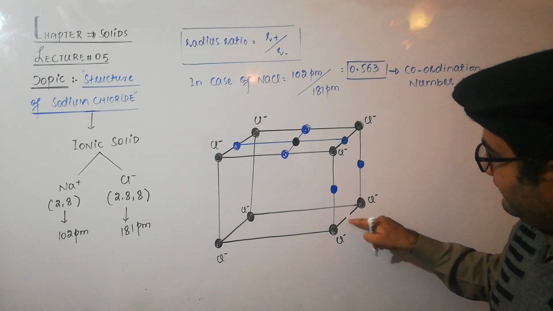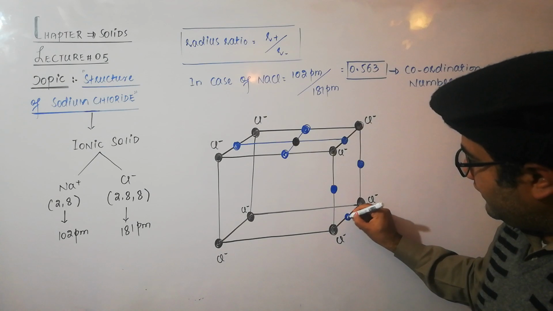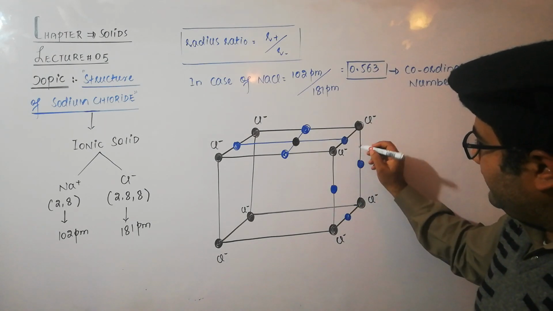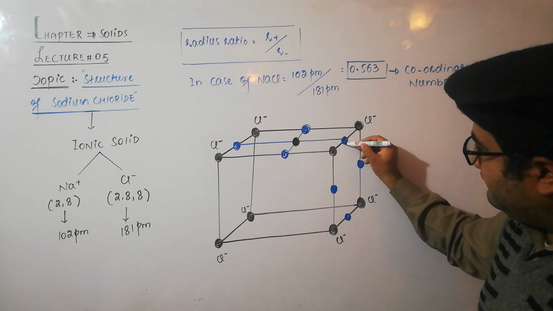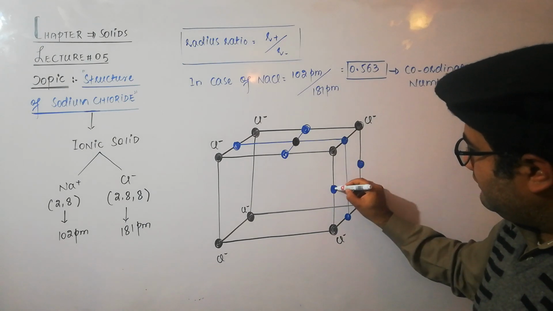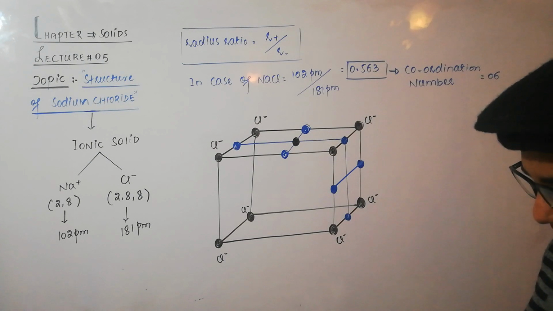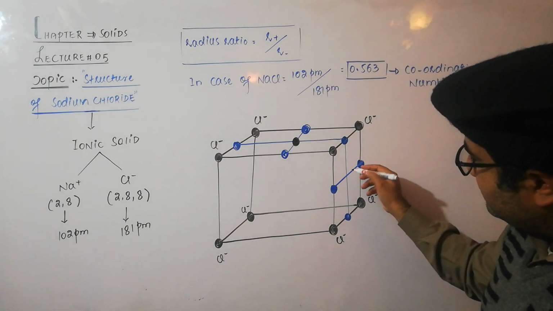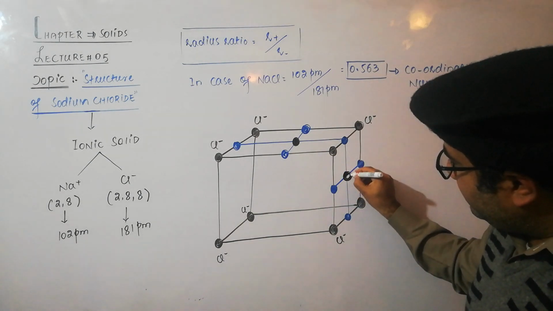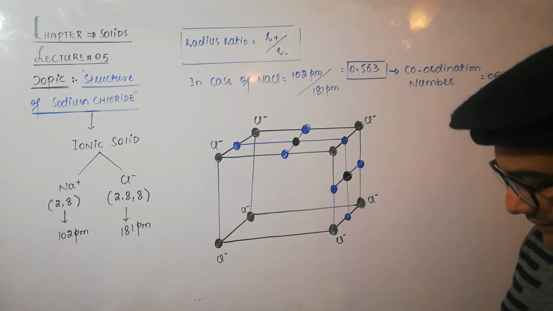And similarly here, again place a sodium ion. Now join these ions together. And again, you will get the center of the face, place another chloride ion here.